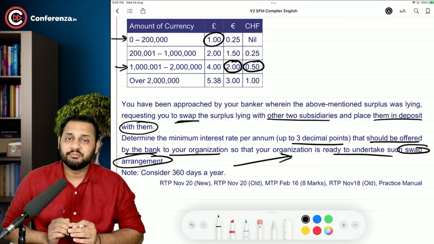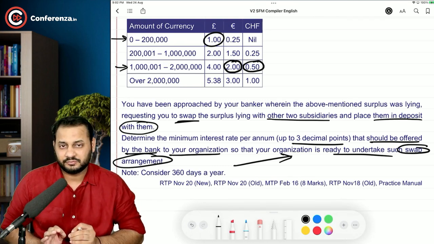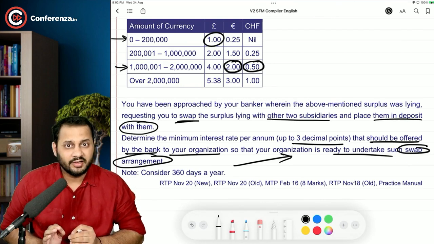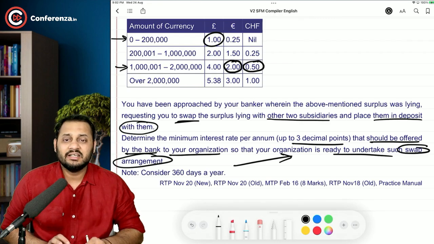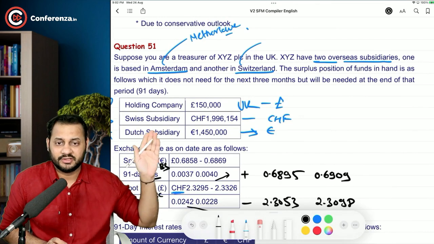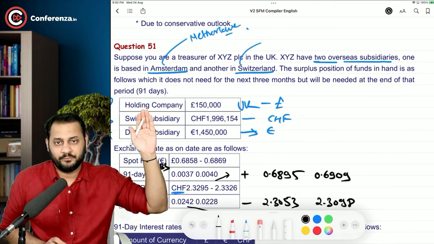The question is simply saying one thing: if we ask the other subsidiaries to send the entire surplus money that they are having, the two subsidiaries, to UK, then what will happen?